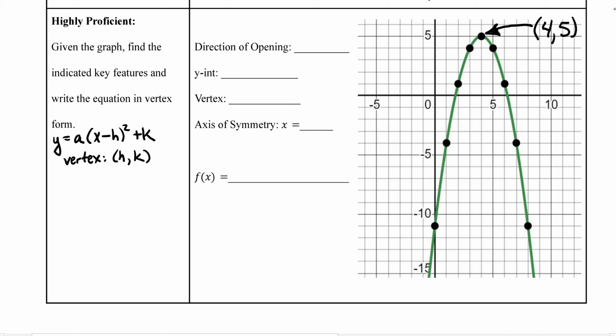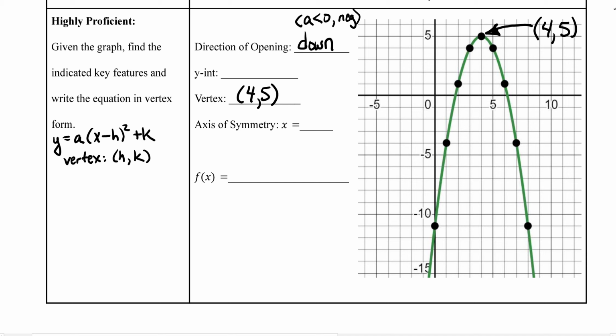For the direction of opening, I can see that it opens down. About that, I know that a will then be less than 0. In other words, a will be negative.